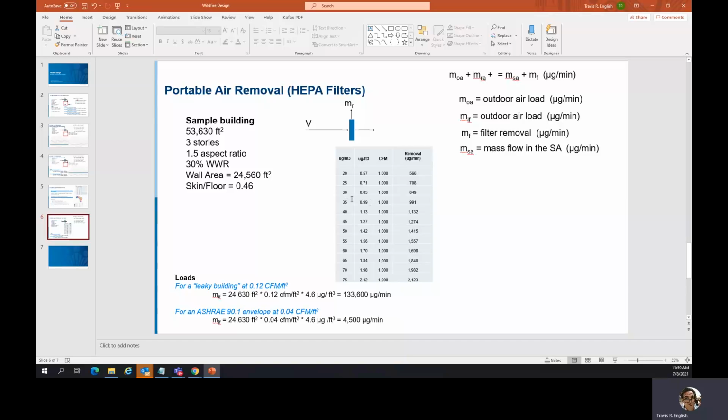So if your air in the building is at 30 micrograms, then every 1,000 CFM you push through a HEPA filter is removing 850 micrograms. So in order to keep up with a big load like this, to me, that seems unreasonable. You would need to have, I don't know, 150 of these HEPA filter units sitting in the building or some other strategy like that. So anyway, that was a design thread I came up with for the morning.